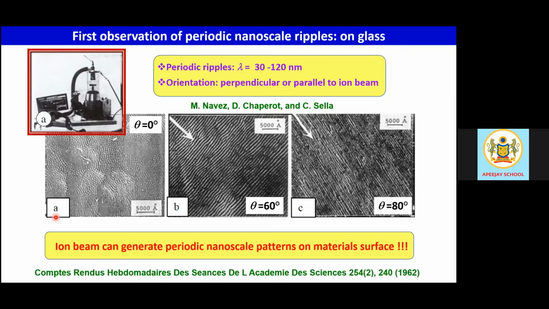Both, much talked about by me the other day, perpendicular mode ripples and parallel mode ripples, where the orientation of the ripple wave vector is either perpendicular or parallel to the beam, very clear from the arrow marks and the direction of the ripple patterns. So ion beam can generate periodic nanoscale patterns on material surfaces, and this, of course, we have seen.